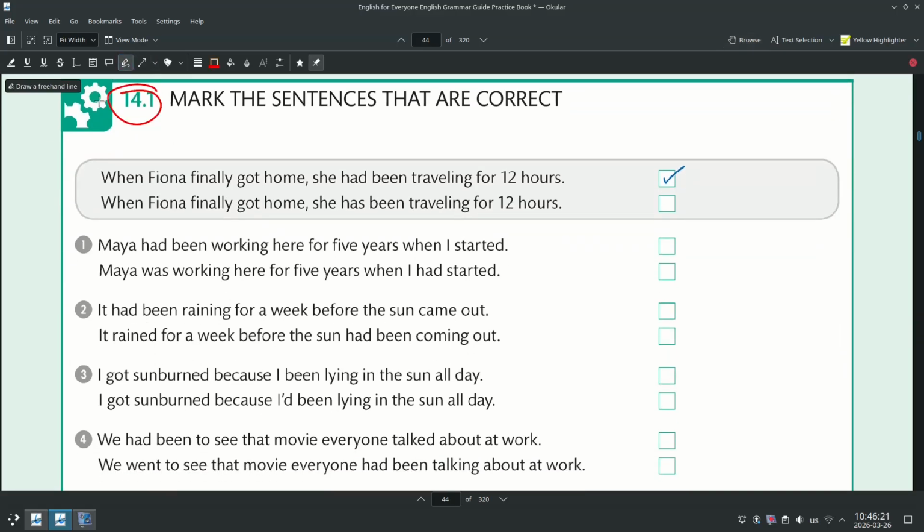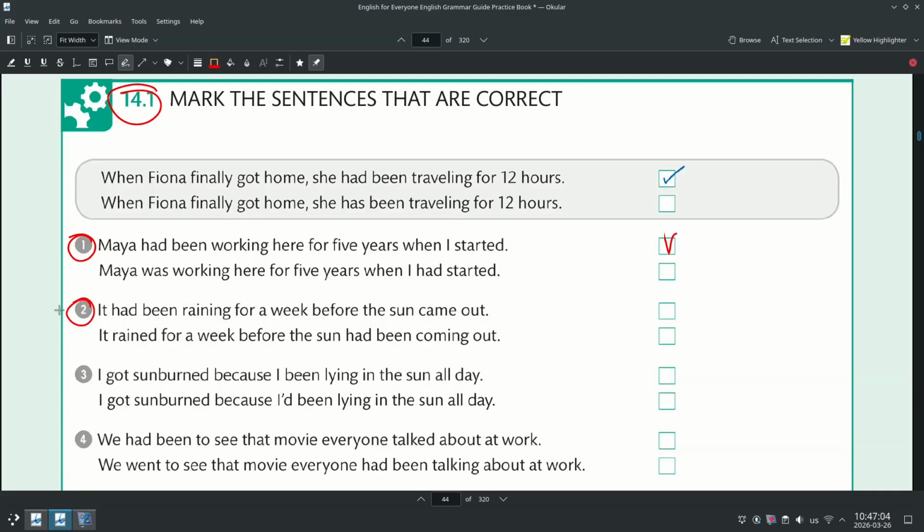14.1. Mark the sentences that are correct. Number 1. Maya had been working here for 5 years when I started. Or, Maya was working here for 5 years when I started. This one, because she started in the past, she was in the process, she had been working here for 5 years when I started.